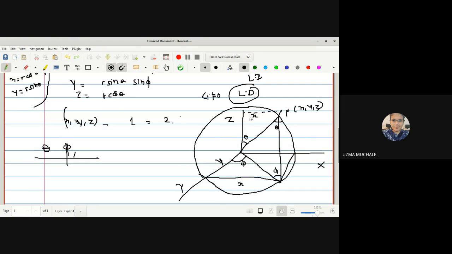Imagine that these two are the same. My geometry and drawings are not that perfect. So let us assume that this is y, this is also y. We are considering this one as x, right? So this is also x, this is y, this is also y.